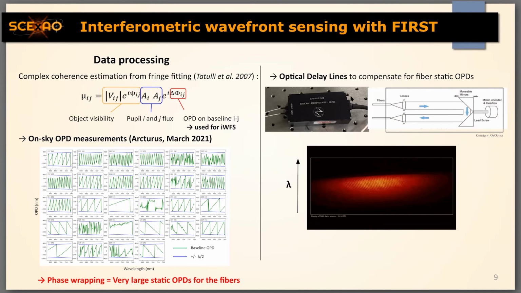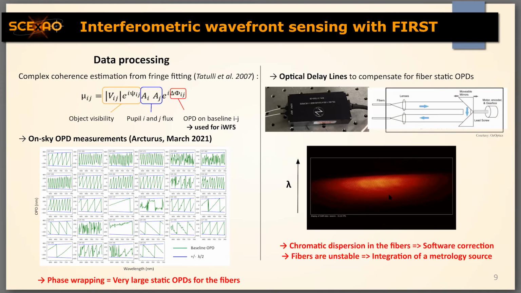Those are electrically controlled with a little mirror inside the box that allows us to vary the path lengths for each individual fiber and then match them. Here you can see this little GIF as we're sweeping over the path difference in the OPD box and trying to find the central fringe.